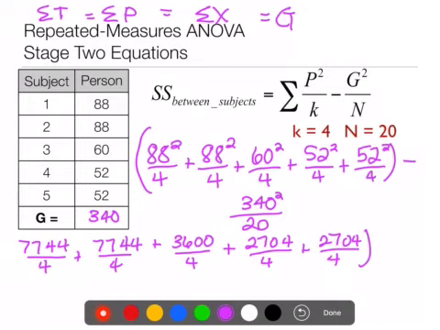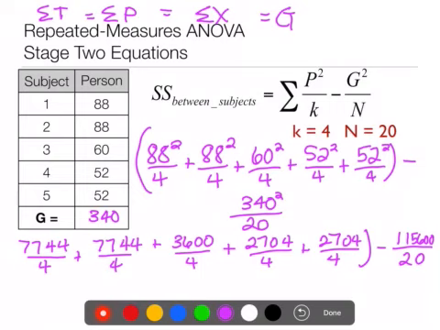That 340 squared is equal to 115,600, and again, that's going to be divided by 20. Okay, so now let's do the math on all of these.